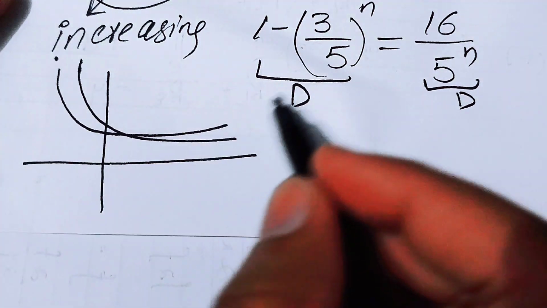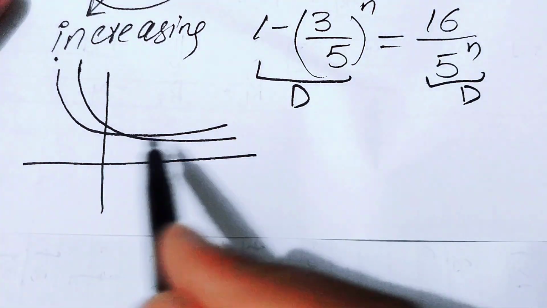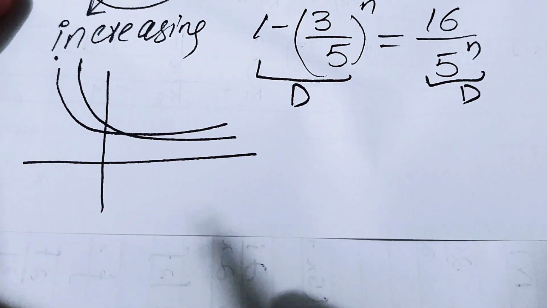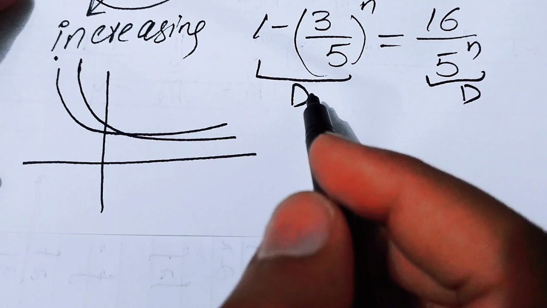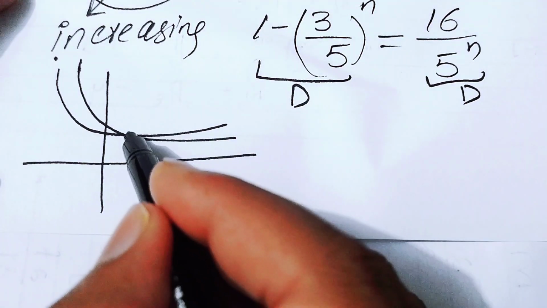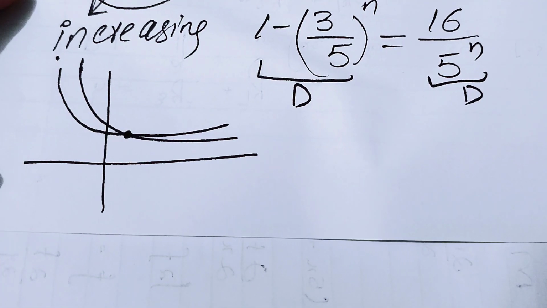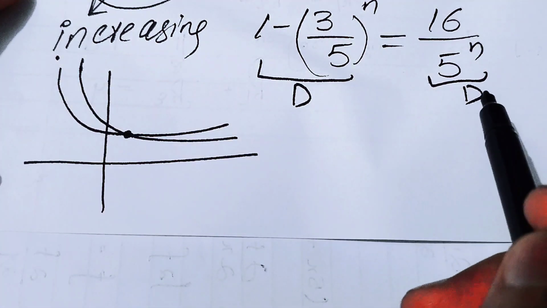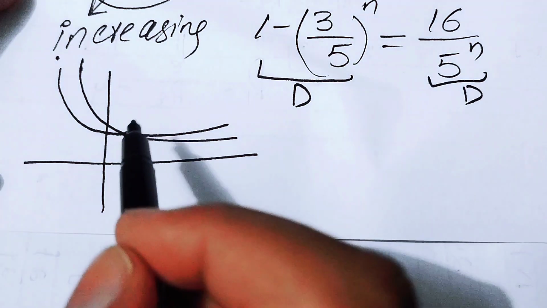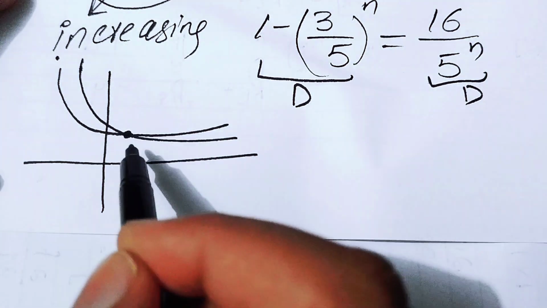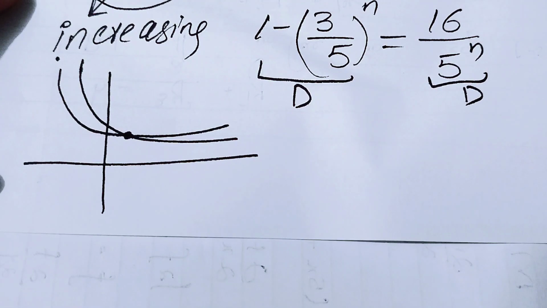So these are the left hand side and right hand side functions, and these two functions intersect at this point. So now we can say that these two decreasing functions have only one solution, and which is that point.